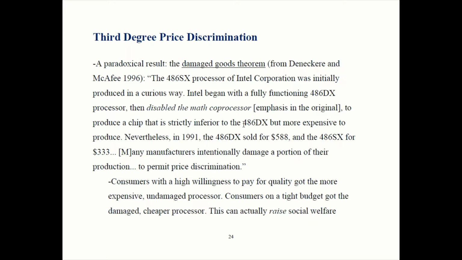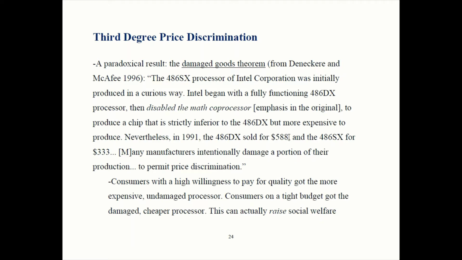People with the low willingness to pay who just want something that's cheap are going to buy the disabled chip at a low price. It was selling for a price of $333. The folks who have a higher willingness to pay, for whom quality is the most important thing, pay $588 for a chip that is fully functional.